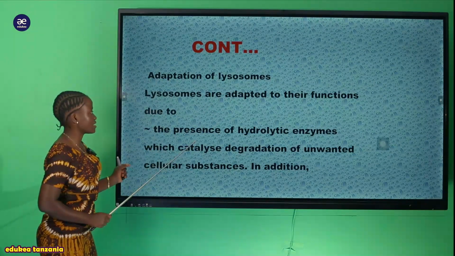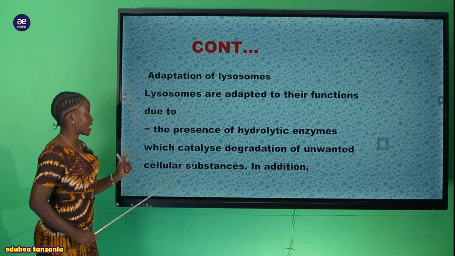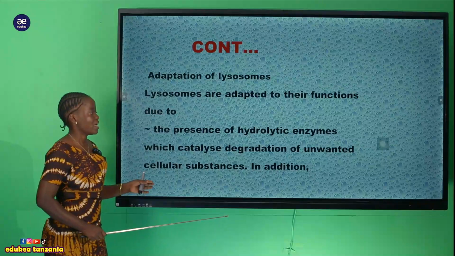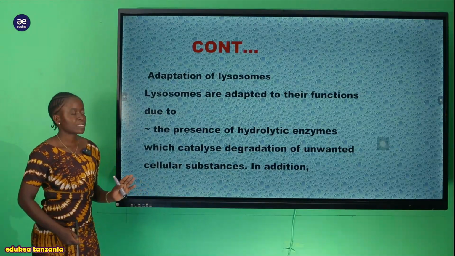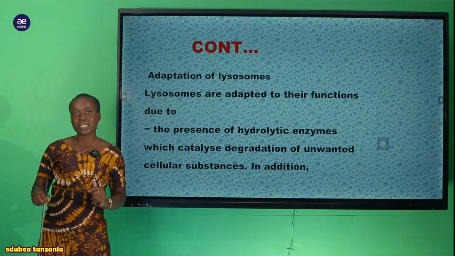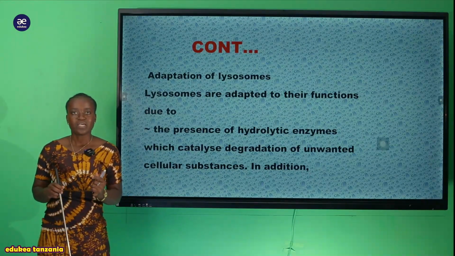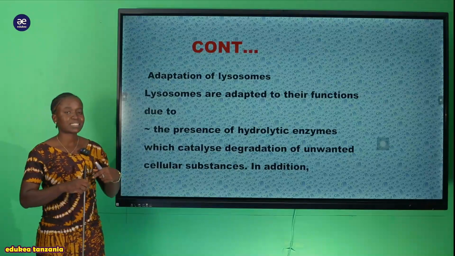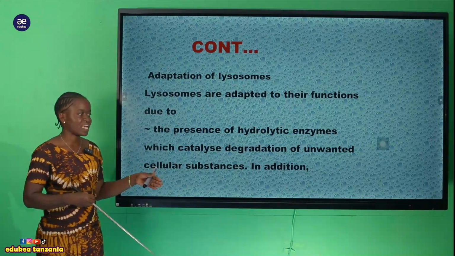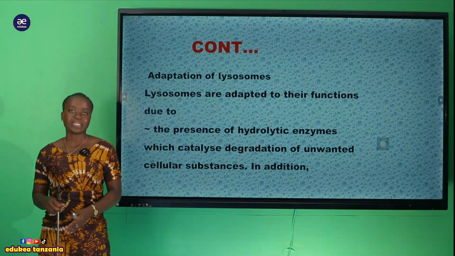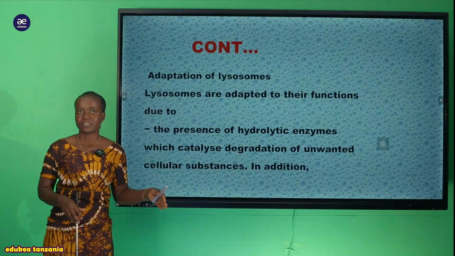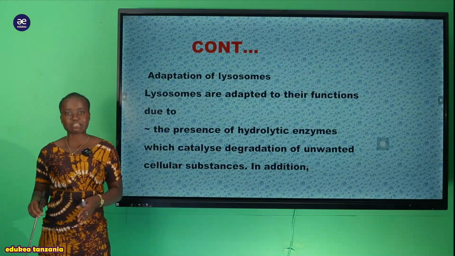The first is the presence of hydrolytic enzymes which catalyze degradation of unwanted cellular substances within the cell. Those hydrolytic enzymes found inside the lysosome help to catalyze or degrade different kinds of unwanted cellular substances within the body. And this is the function of autophagy, which involves the degradation of a cell's own components.